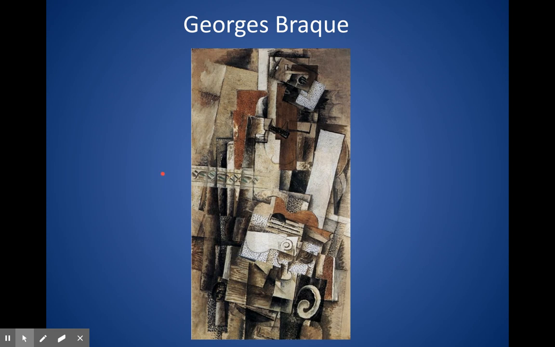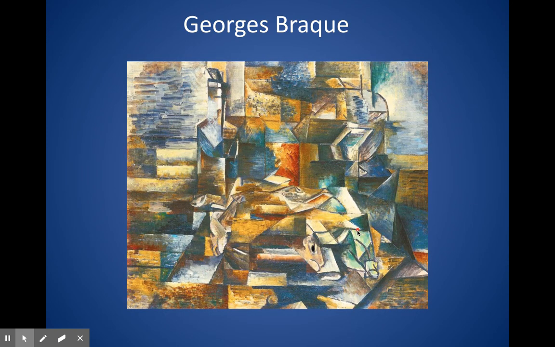So typically when we draw, a line shows the edge of something, or some shading shows a shadow. But here, because he kind of flattened everything out, lines don't necessarily show the exact edge of something anymore. And shadows don't necessarily show the shadow of an object anymore. So you kind of jumbled everything together. So that's why this does look so crazy when you look at it.